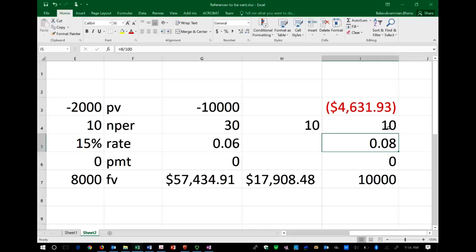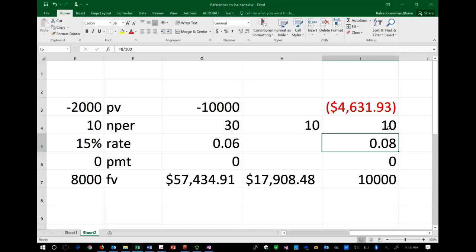If you call yourself any business major, you need to know this. Question so far? So, what all we covered today? Compounding, simple interest, compound interest, interest on interest, present value, and the process of discounting.